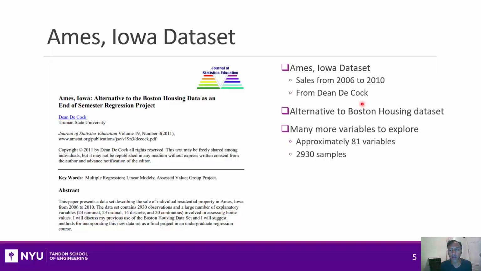This one is a lot more interesting from our perspective, because for each home sale, there are about 81 variables. We're going to see from this really large set which ones we can pick and which ones we can discard. With that, let's dive into a demo on the GitHub website to continue.